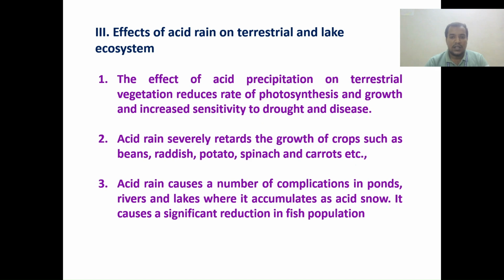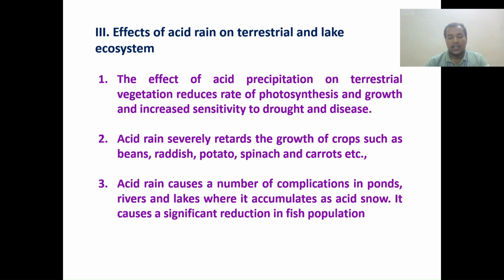Now, the effects of acid rain on terrestrial and lake ecosystems. Acid precipitation on terrestrial vegetation reduces the rate of photosynthesis and growth, and increases sensitivity to drought and diseases.